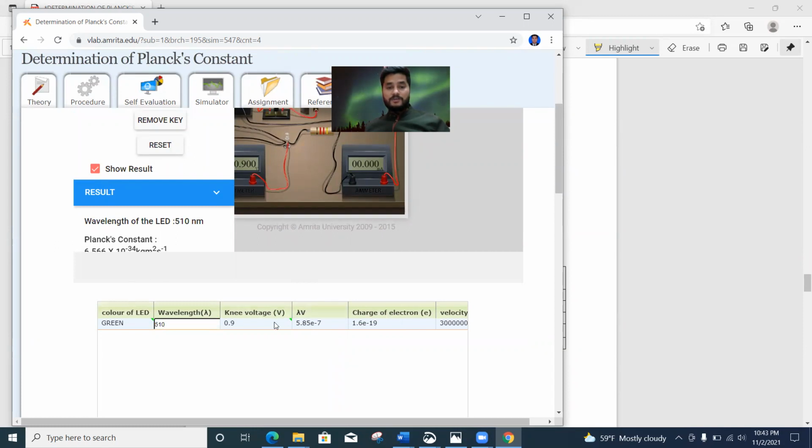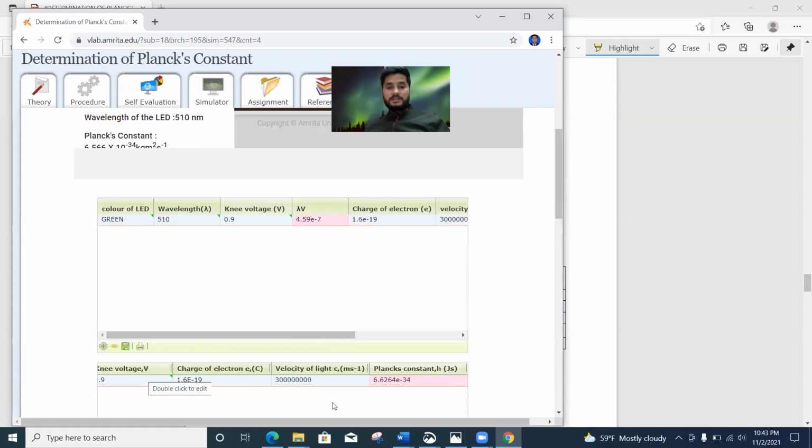After clicking here and here, we get a value different from our previous observation for the red light: 4.59 into 10 to the power minus 7.